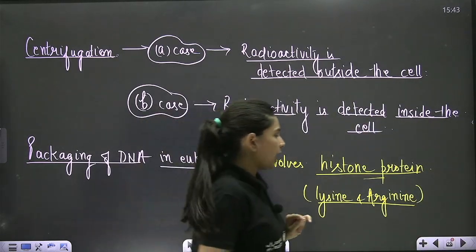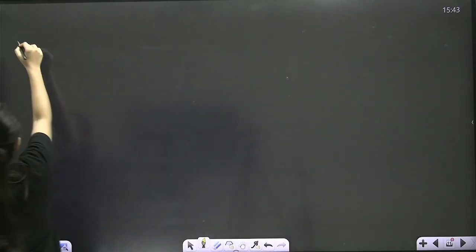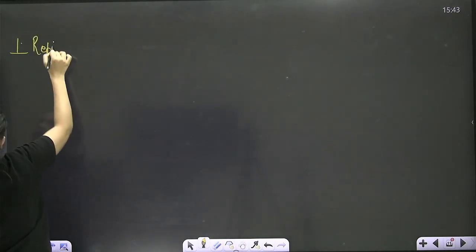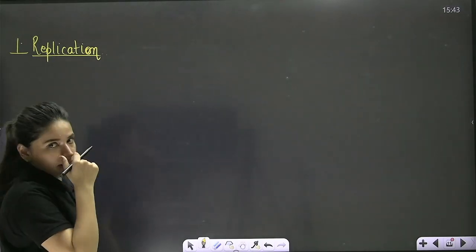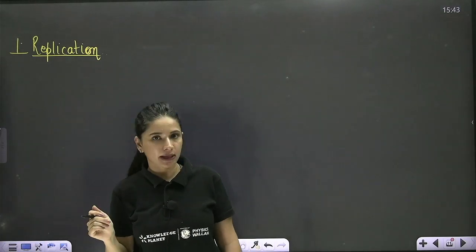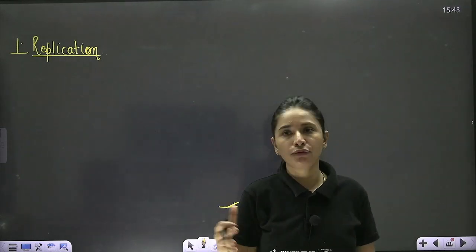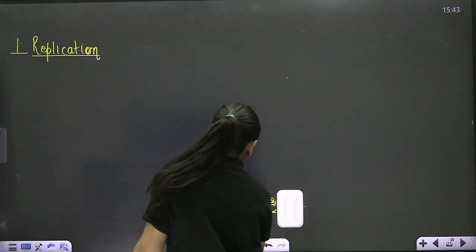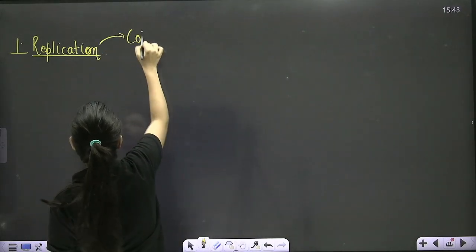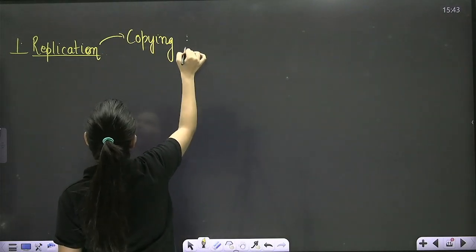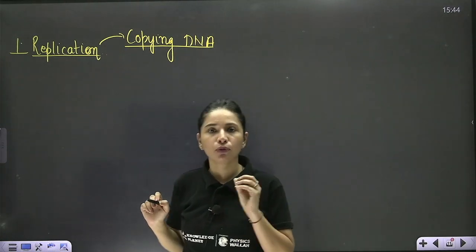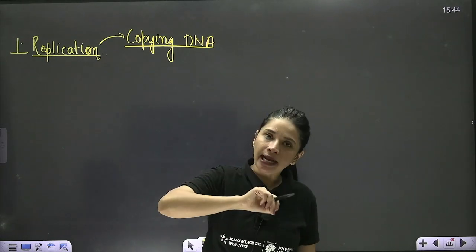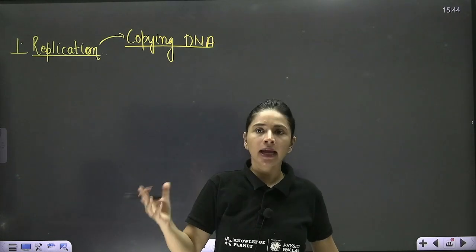Okay, now coming to the major portion of the central dogma, the first step of the central dogma explains replication. Okay? Now what is replication? Replication means copying of DNA, making DNA from DNA. So replication is nothing but copying DNA or making DNA from DNA, and this is done with the help of the most important enzyme called DNA dependent DNA polymerase.